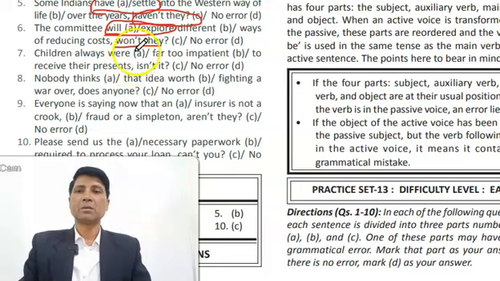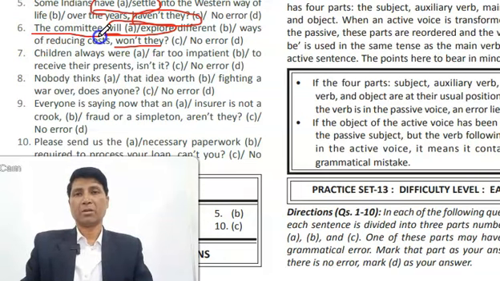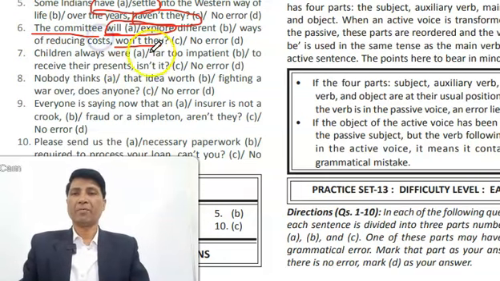It is, and it is positive as well. But if you look carefully, then you will find there is a problem in the question tag part. Here the subject of the main verb is the committee, which is a non-living thing. So in place of they, it should be singular it. So in place of won't they, it should be won't it. Now let us move to question number 7.